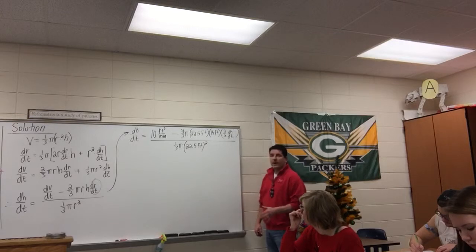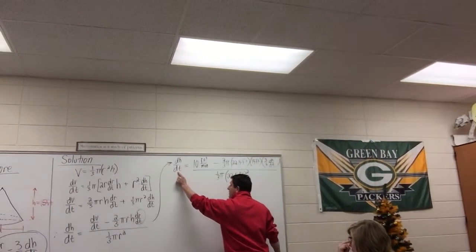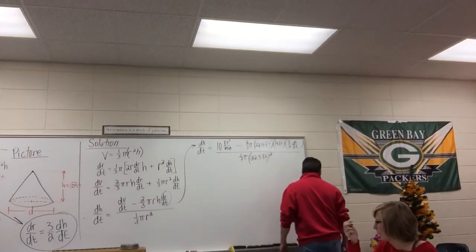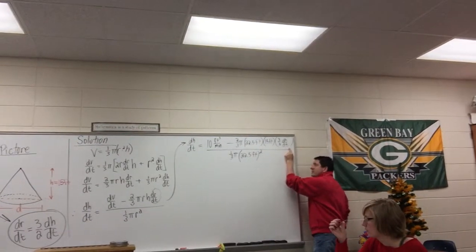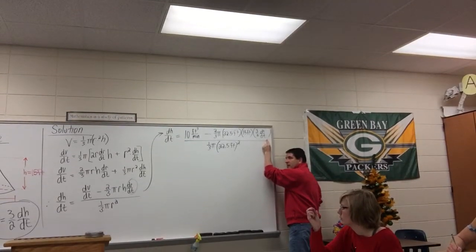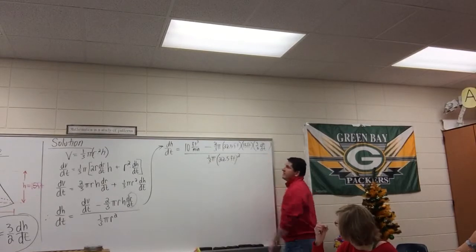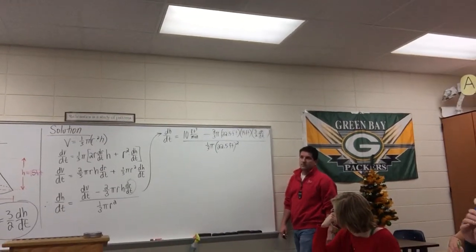Now, do you see the problem here? This is the variable that we set out to solve for, but it turns out that the variable is also in this side of the equation. So it's like this is an x and this is an x, and we still have to solve for x.